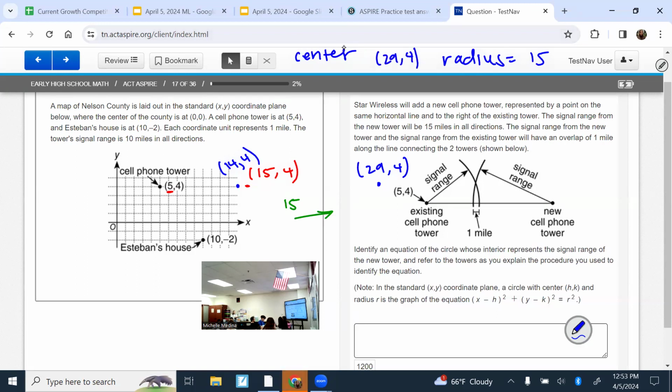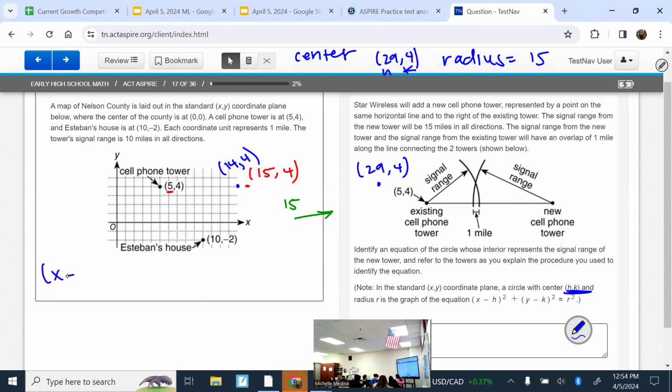And it did say to explain a bit, so you could say, with the center being 29.4 and the radius being 15 of the new cell phone tower, you plug it into this circle equation where (h, k) is for the center. So if I just plug in where (h, k) and r is, it goes, let me write it over here, so maybe the people in the back can see.